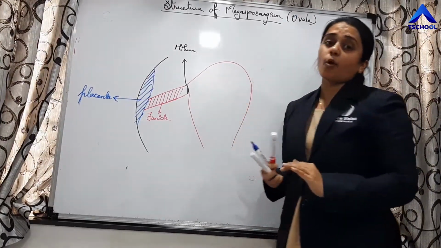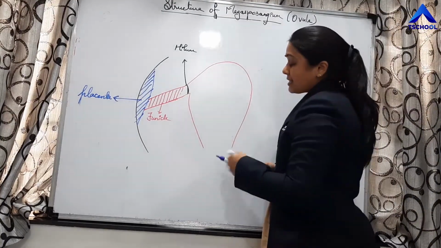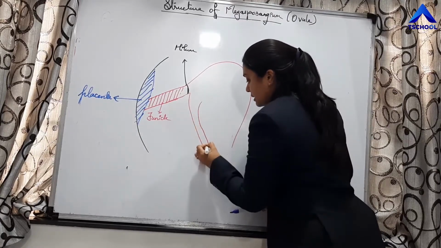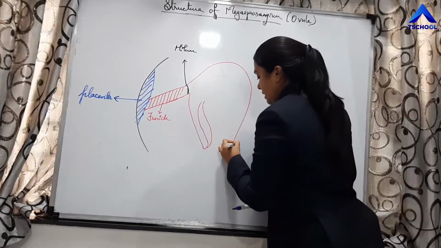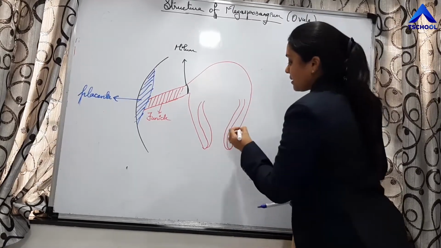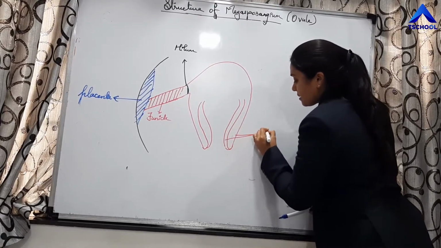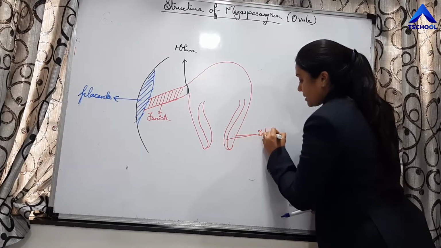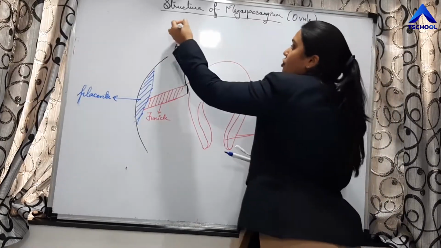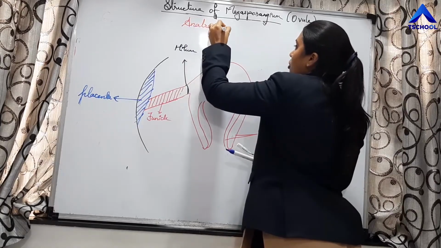What we will see in the body of the ovule is that the body of the ovule consists of layers, right? A typical ovule consists of 2 layers, right? These layers are called integuments, right? We are studying the structure of a typical anatropous ovule.